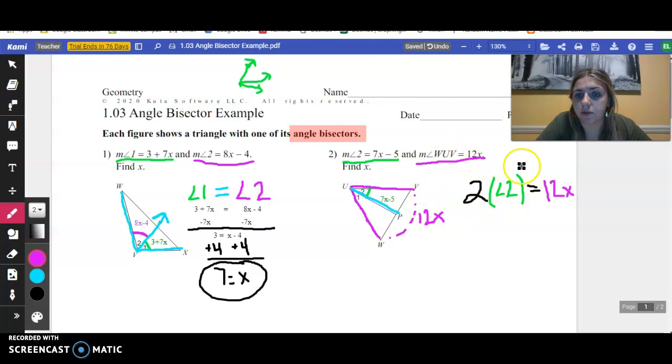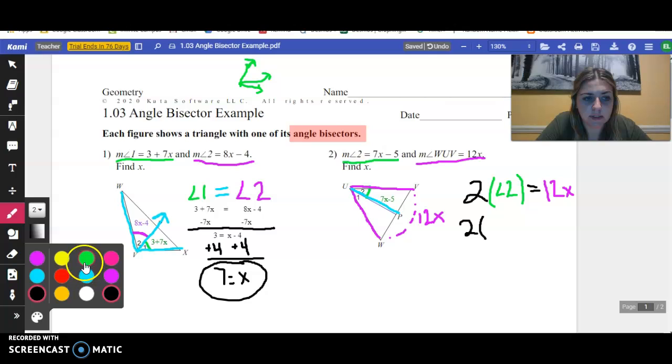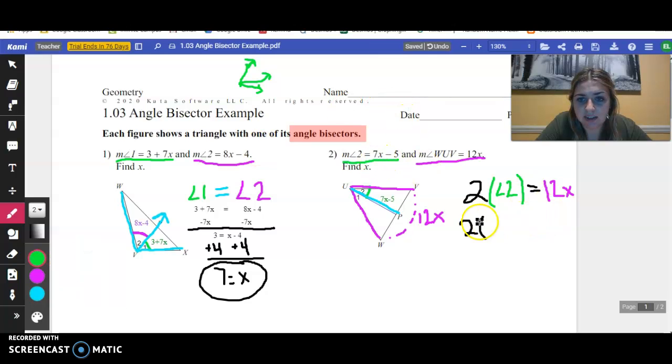Or angle WUV. Okay, so what I'm going to do now is substitute in the measure of angle 2. So this is going to be 2 times 7x minus 5 equals 12x.